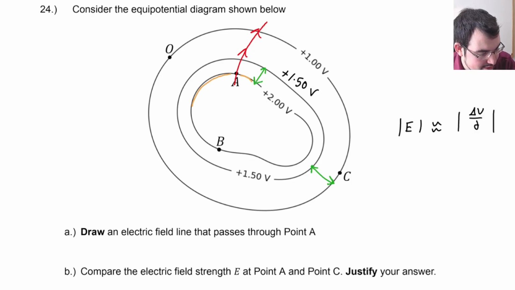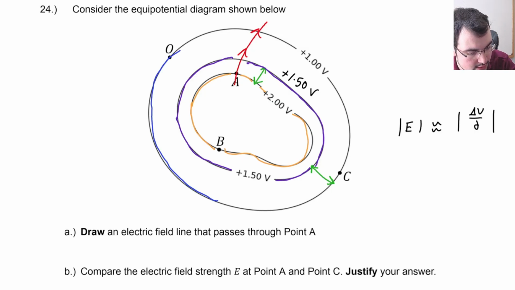So it might actually make sense now to color in our equipotentials to kind of see. So this would be one sort of level set. So everybody here is at the same potential energy. Everybody on the 1.5 is at the same potential energy. And everyone on the 1 is at the same potential energy.